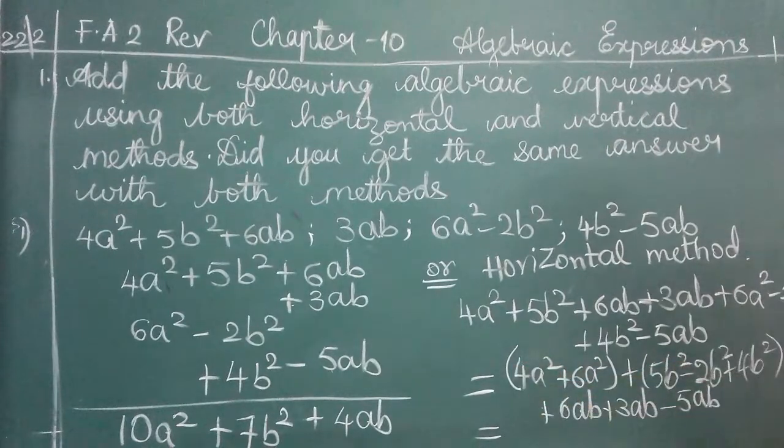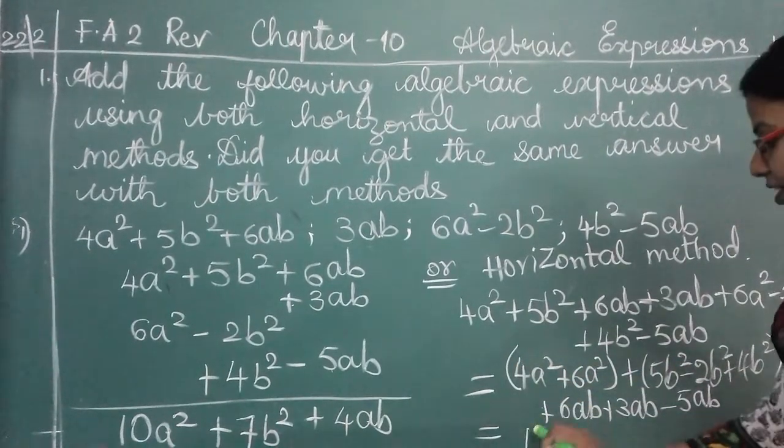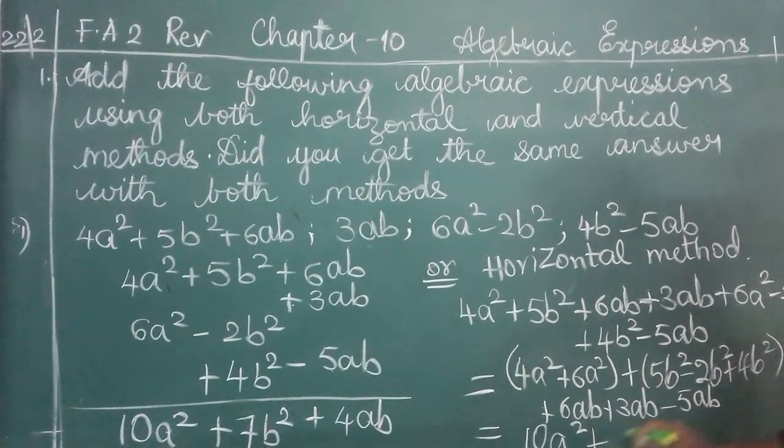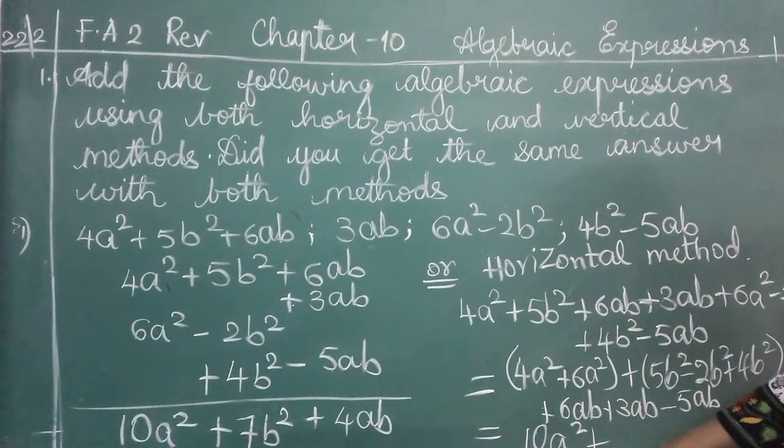So now let us write the answer. 6 plus 4 is 10a square. 10a square plus 5 minus 2 is 3. 3 plus 4 is 7. So it is 7b square plus 6 plus 3 is 9. 9 minus 5 is 4. 4ab.